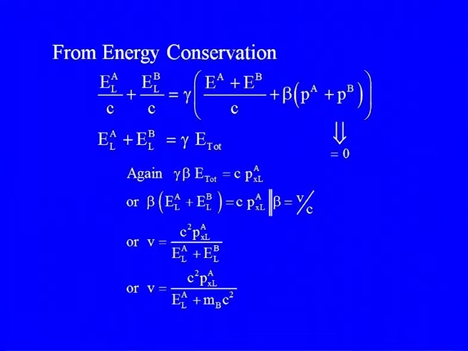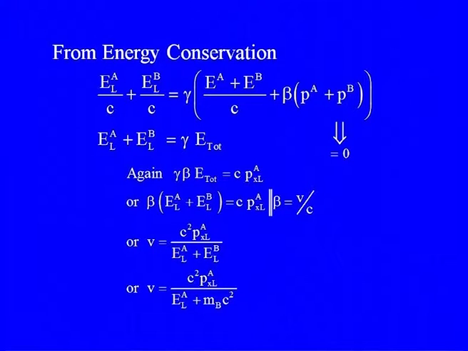But again, from the conservation of momentum, we've seen that the total energy in the center of mass system can be related with the total momentum in the lab system. Now we can use that relation again to derive some other quantities, and from these two equations, the one which relates the total center of mass and lab energies, and the one which relates the total center of mass energy with the lab momentum of particle A, we can find out the velocity with which the center of mass frame is moving with respect to the lab system.